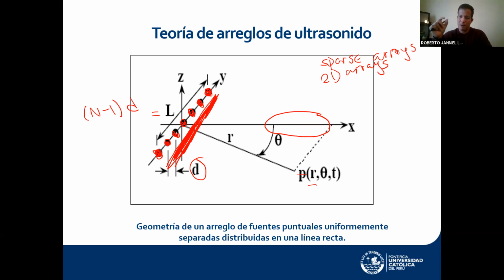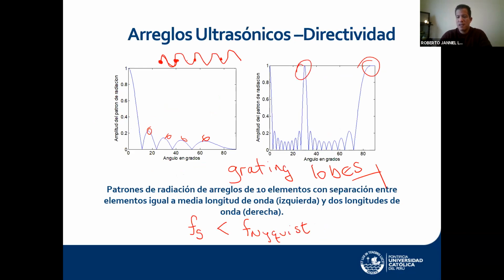And if you sample that line very coarsely, that is, with the elements too far away from each other, then you have to pay a price. The price that you pay is that you will distort the frequency spectrum of the signal that you're producing. And that's the reason why you get these grating lobes that are just an effect of aliasing.